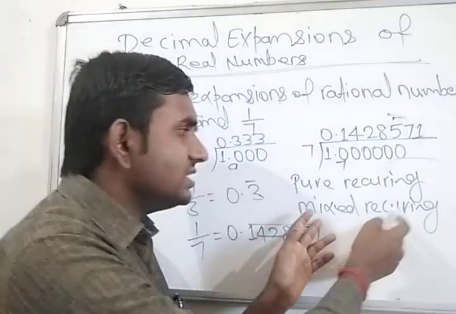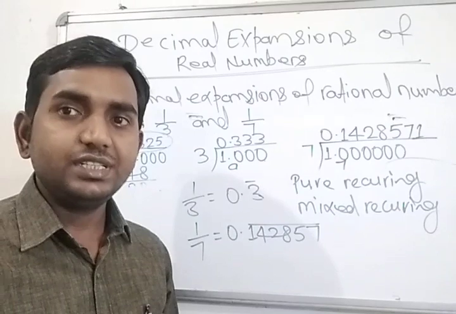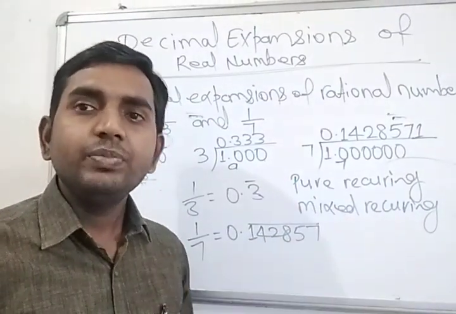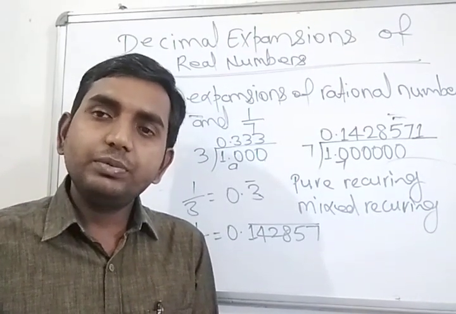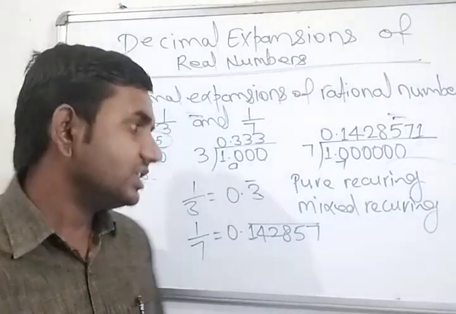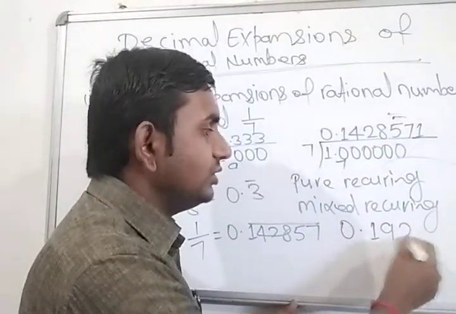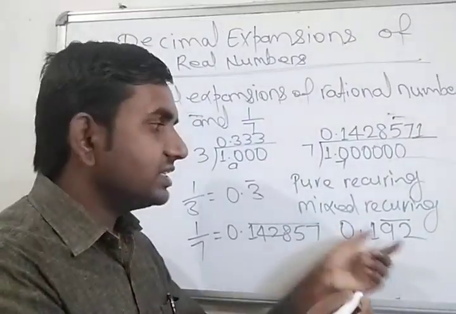But there is also mixed recurring decimal. How do we represent it? In a mixed recurring decimal, in the decimal expansion some digits do not repeat, and after that some digits start to repeat. For example, if we have 0.192 and 92 repeats, then it's called a mixed recurring decimal.